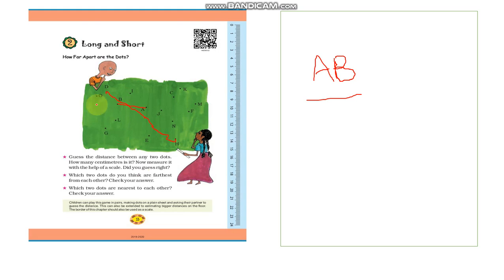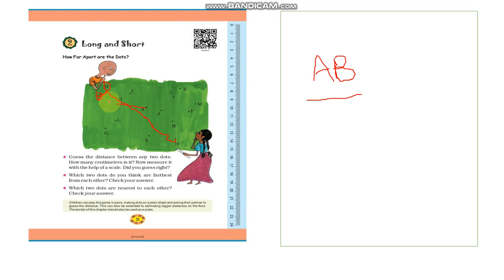Okay, fine, students. And which is the shortest one according to these dots? D to O. Here, D to O, I'll be drawing from this dot to this dot. This is the very shortest compared to all the others. So that is the longest one and the shortest one.